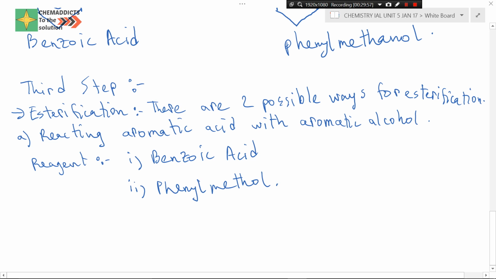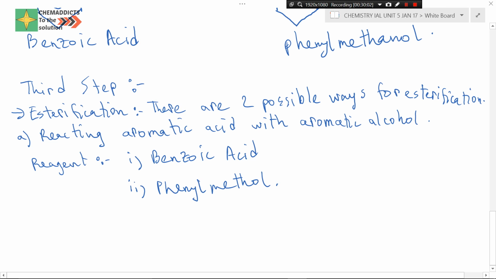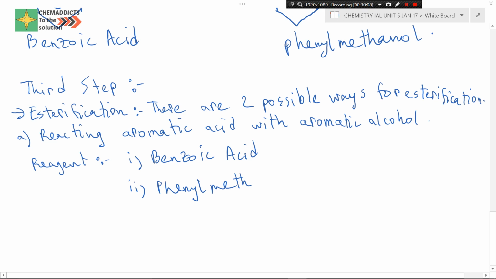Not methyl, methanol. Phenyl methanol. So we are reacting phenyl methanol with benzoic acid.